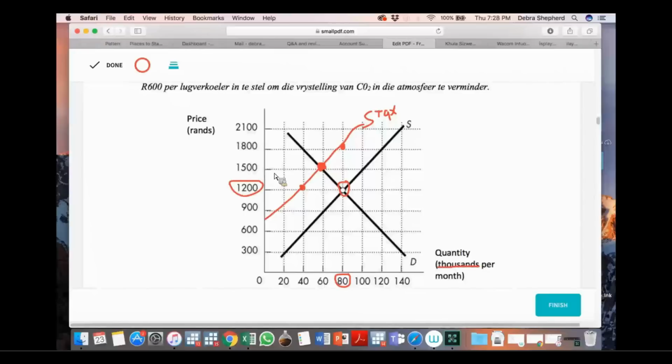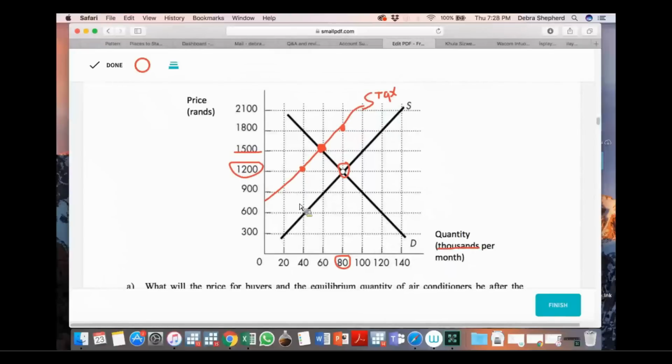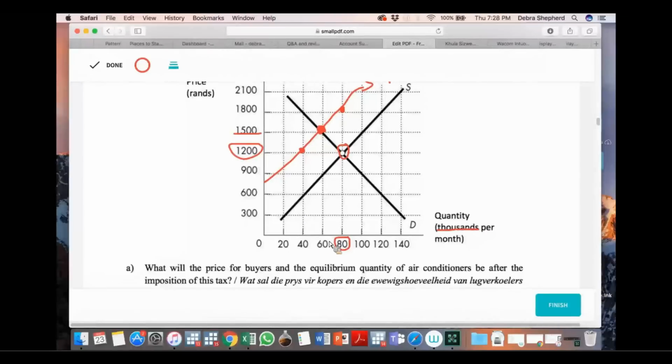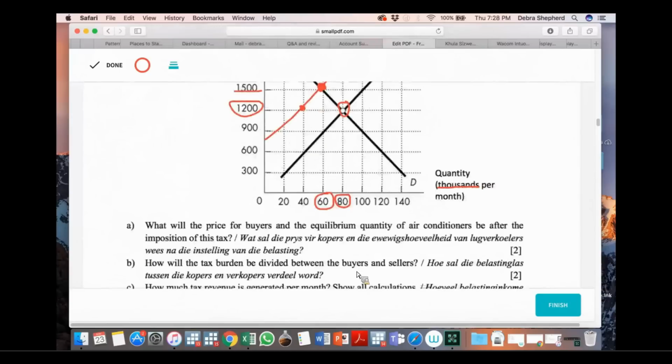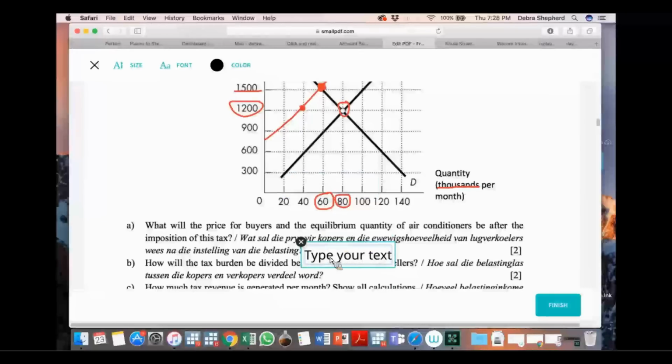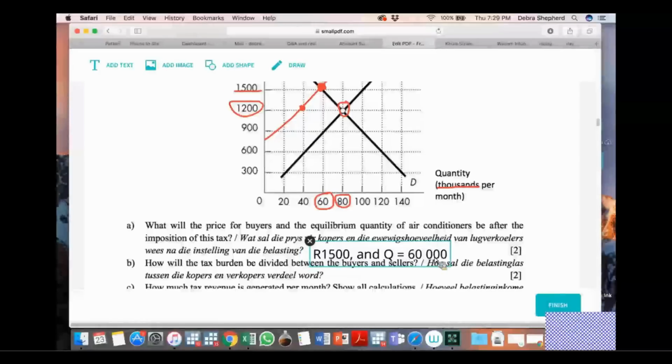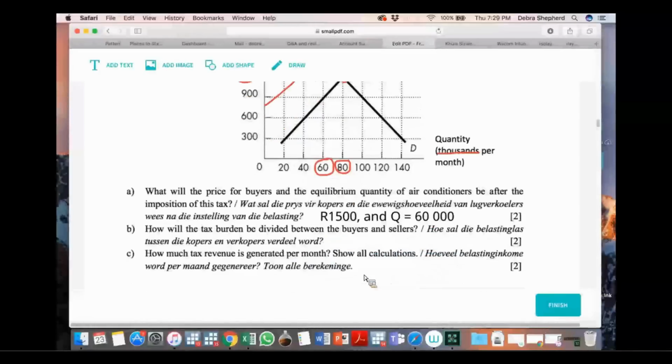So after the tax, buyers will now pay 1,500 Rand per air conditioner, and the quantity would have fallen to 60,000. So the answer to question A is the price that buyers would pay is now 1,500 Rand, and the quantity is equal to 60,000. Okay. So that's the answer to A.